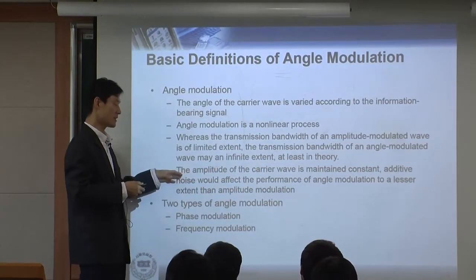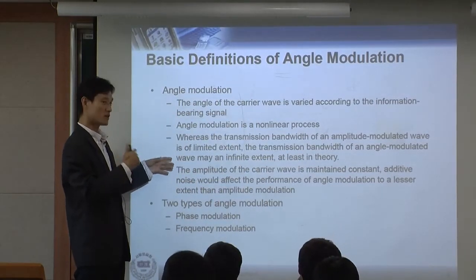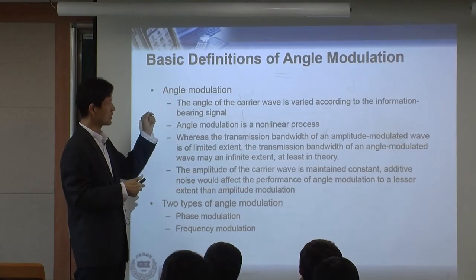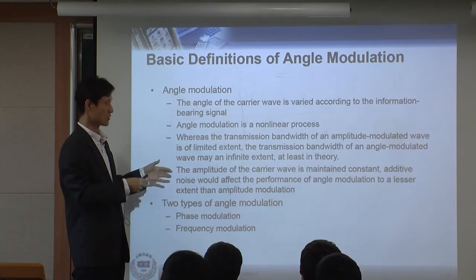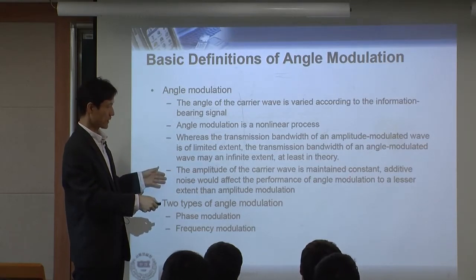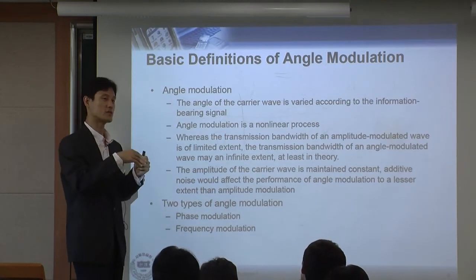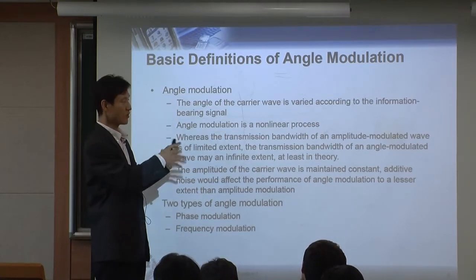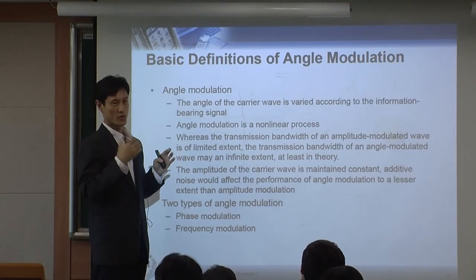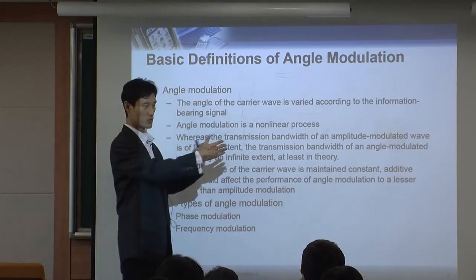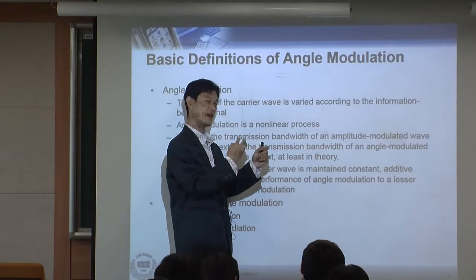And because of that, the big advantage of angle modulation is that it is a little bit stronger in a noisy environment. Let's say you have noise. So far, we assumed that there's no noise. We transmit s(t), and your receiver receives exactly the same s(t), right?